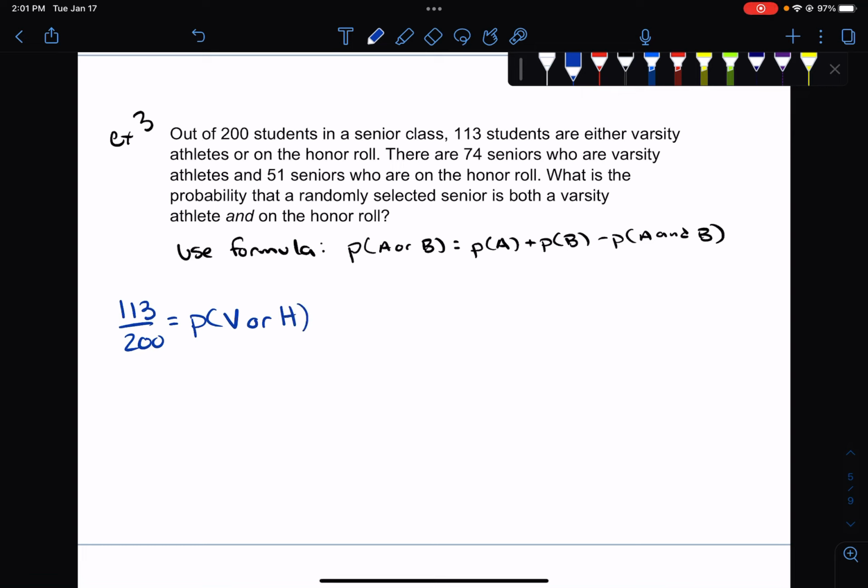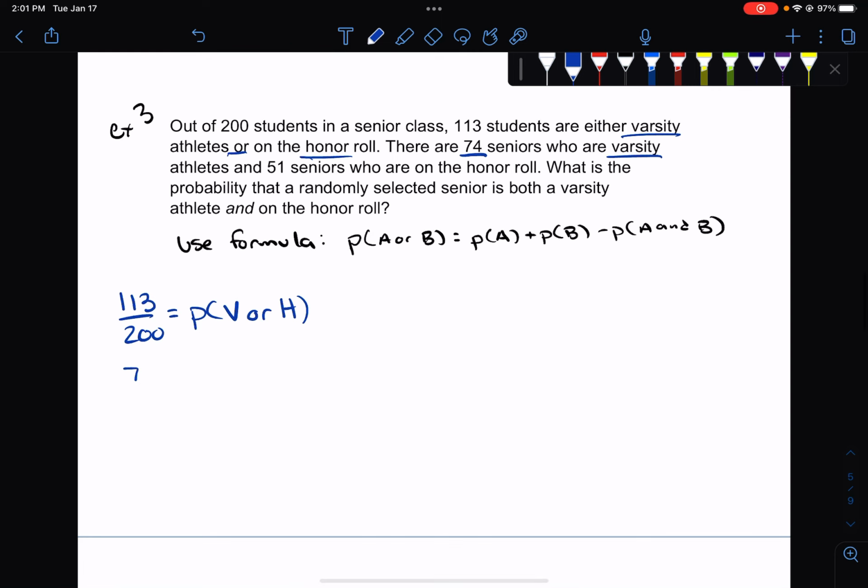I'm just copying the words into numbers, right? It said varsity or honor roll. There are 74 seniors who are varsity athletes. So 74 out of 200 is the probability of a varsity athlete.